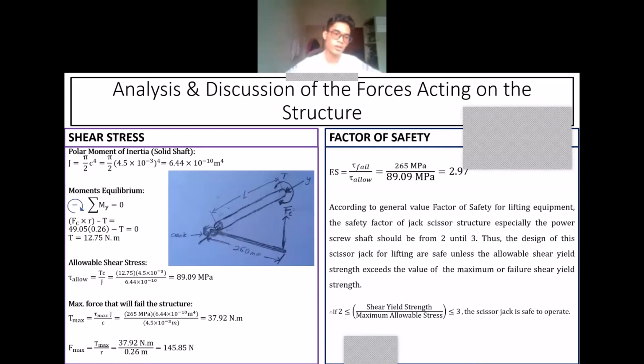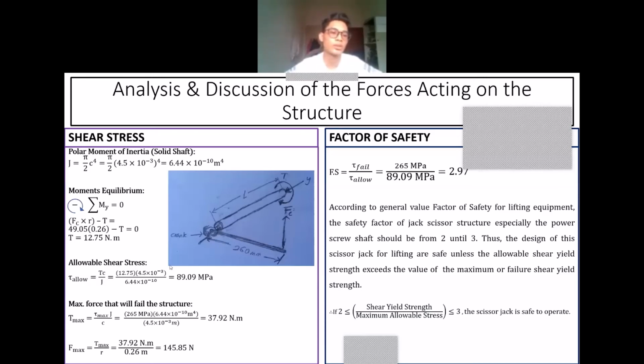So the force acting on the crank times the length of the crank minus T is equal to 0. Then the torque acting on the power screw is equal to 12.75 Newton meter. And next we are going to find the allowable shear stress.